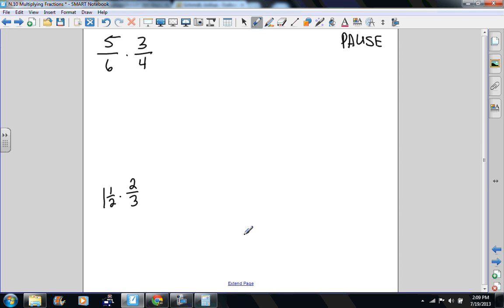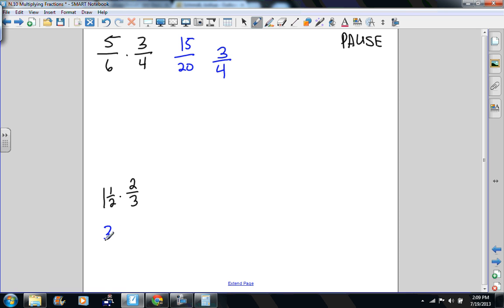Pause and try these on your own. The top one would give us 15 over 20, which simplifies down into 3 over 4.